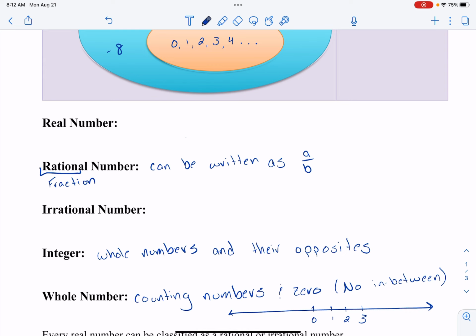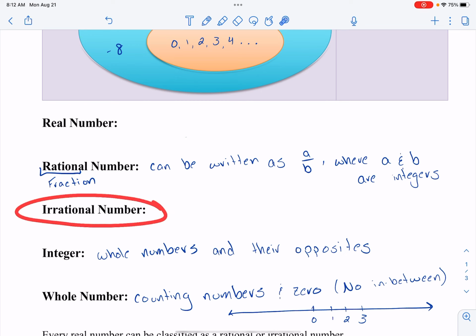It can be written as a fraction, A over B, but where A and B have to be integers. And I know we skipped this irrational number idea, but it's easier to talk about rational first and then go to irrational.